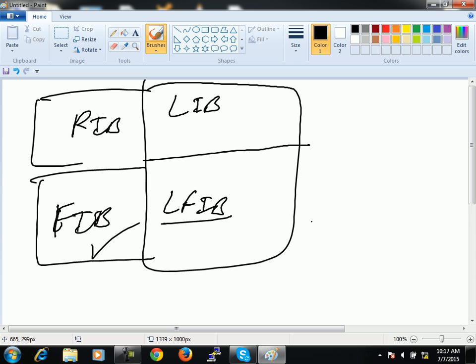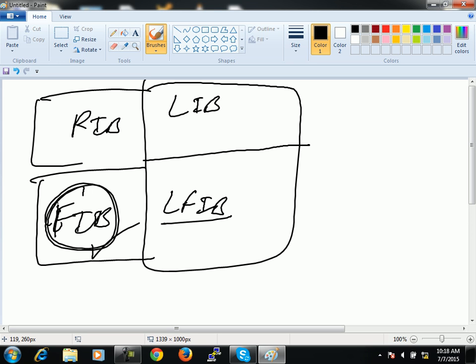So if an MPLS router receives an unlabeled packet, then it will always perform lookup in its FIB. This is our golden rule of MPLS: if you receive any unlabeled packet, then it will perform lookup in its FIB always.